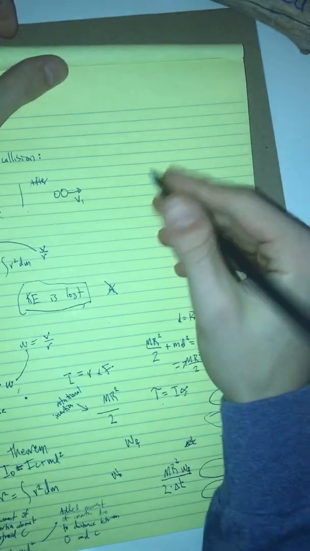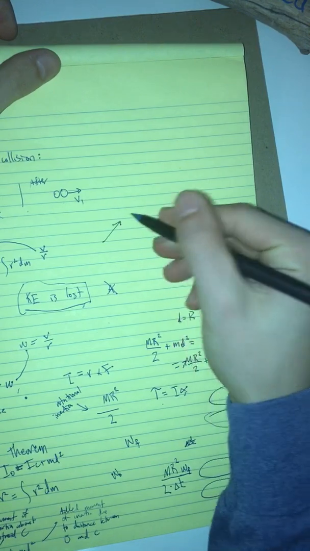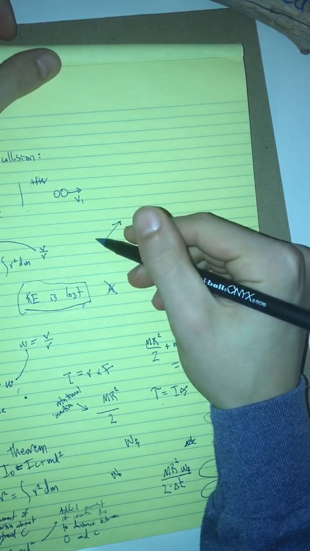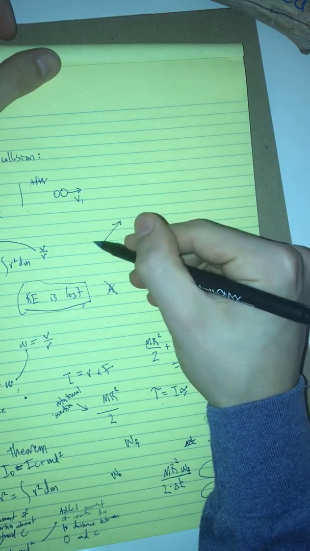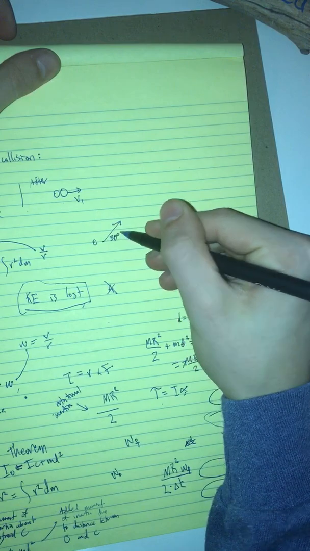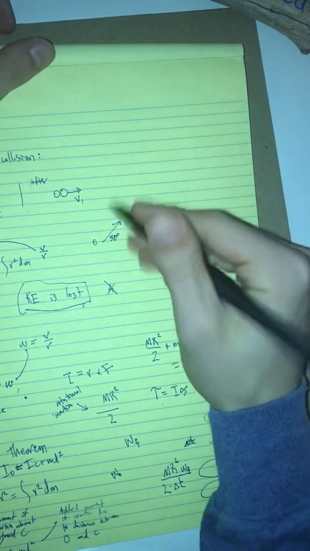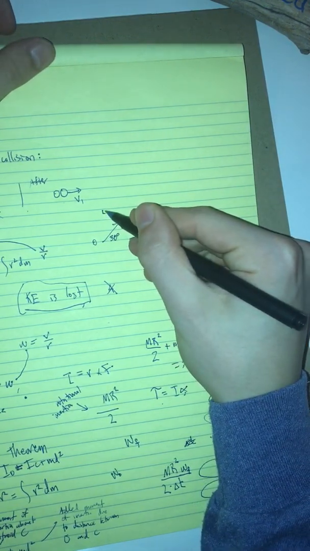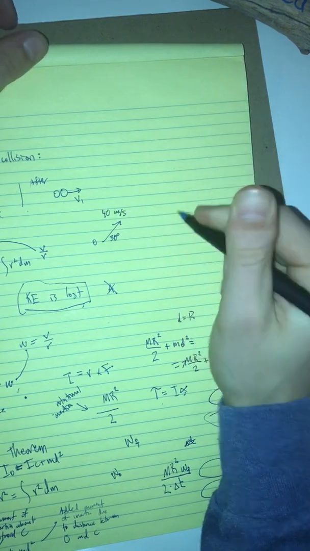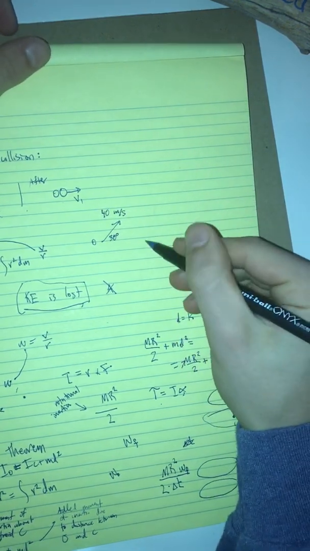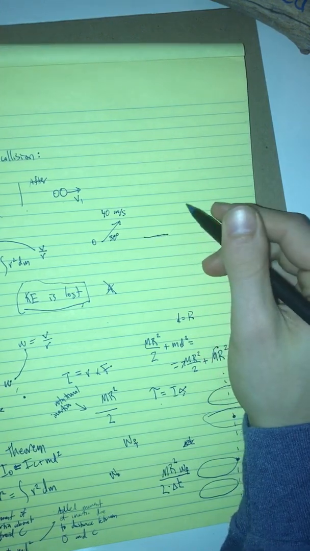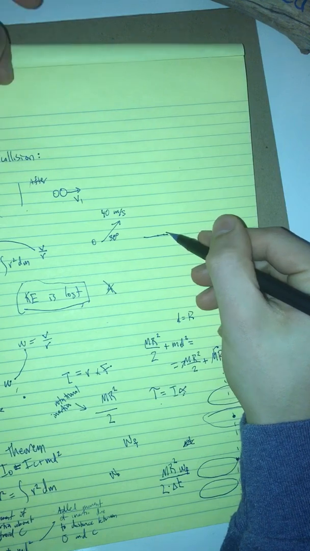So, for example, let's say we have projectile motion, but the projectile is shot at, let's just say, a 30 degree angle at a velocity of 40 meters per second, right? So now we know that the velocity in the x direction is going to stay constant.